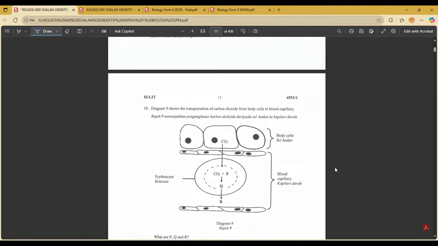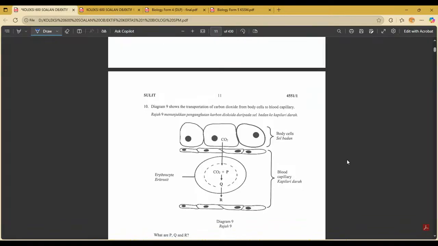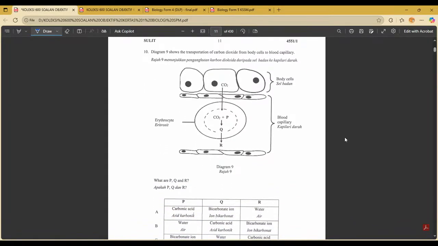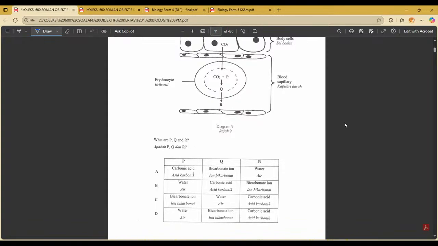Okay, next, transportation of carbon dioxide from body cells to blood capillaries. In the erythrocyte, CO2 plus P to Q to R. Carbon dioxide and, oh, okay.